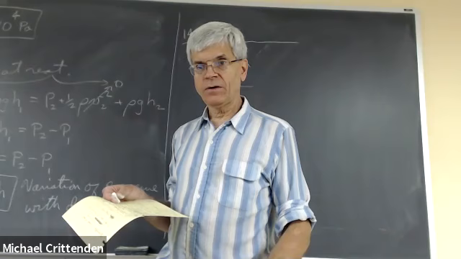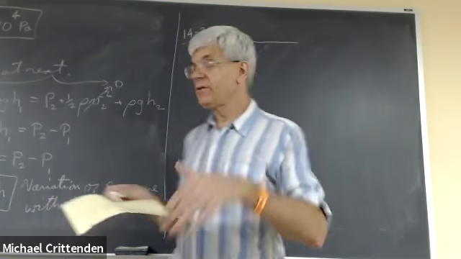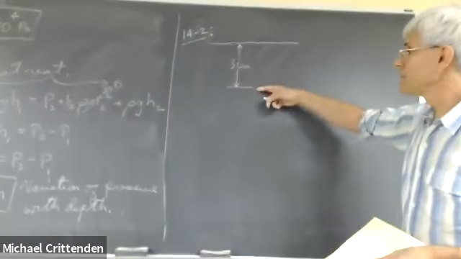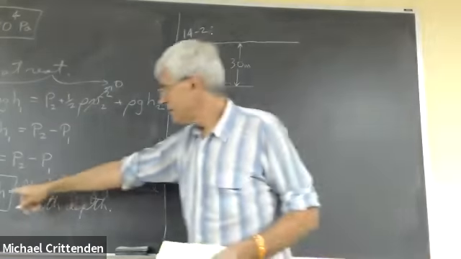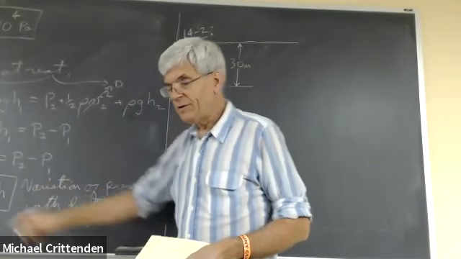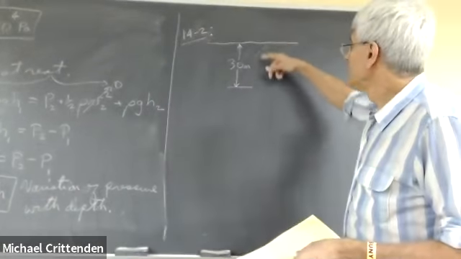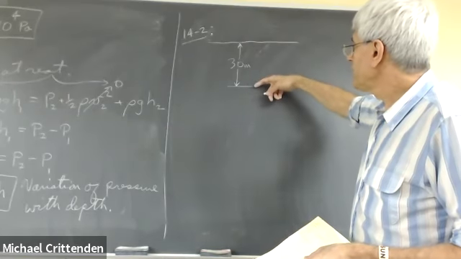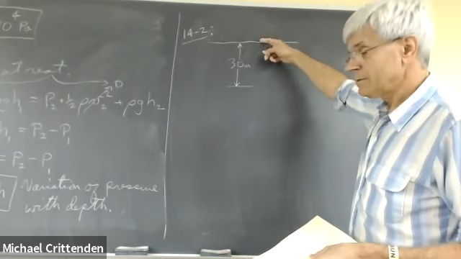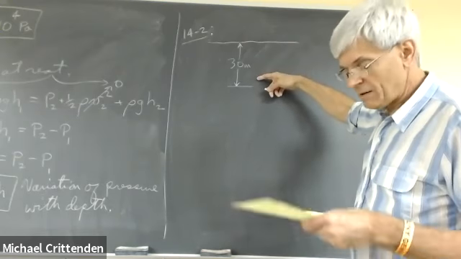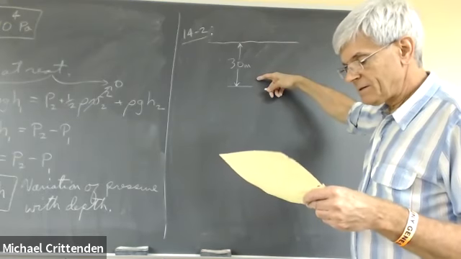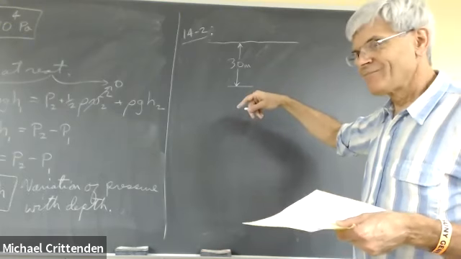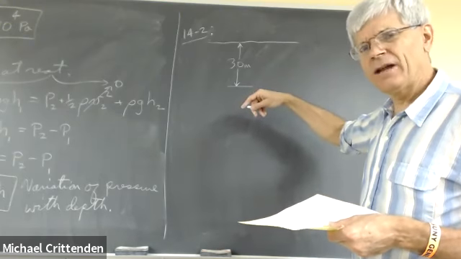Okay, so for the delta H in this thing, it's not 0 and 30. You could do 0 and negative 30, that'd be all right. But, well, I'm not that fond of negative numbers.